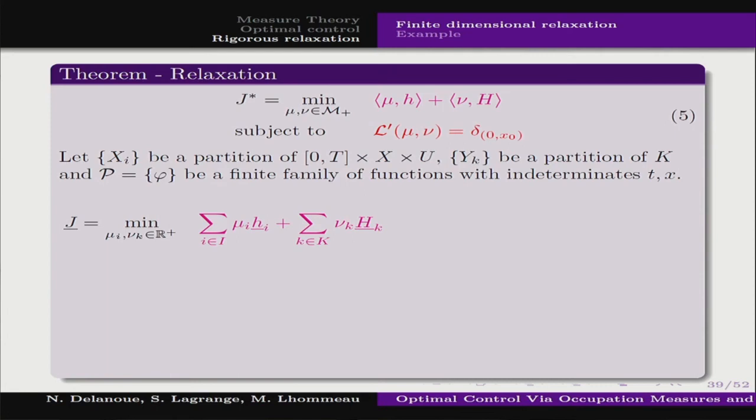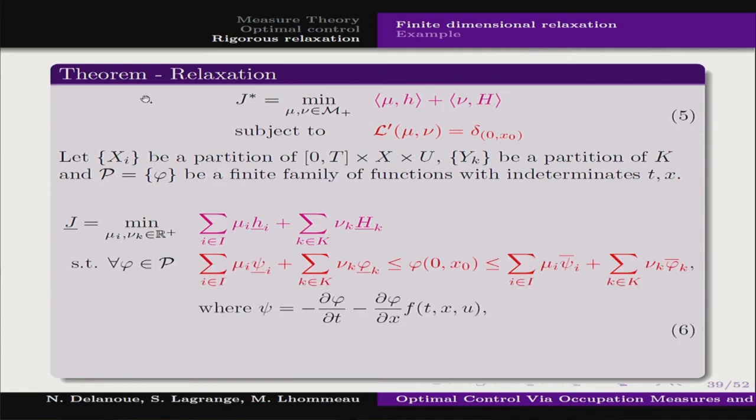So I just consider a finite family of functions with indeterminates t and x, and according to the theorem I've shown just before, to enclose an integral, it gives this equation which is in red. I have a cost which is smaller, and I relax the constraints, so of course I obtain a minimum. This minimum is smaller than the optimal value that I wanted to compute at the beginning.